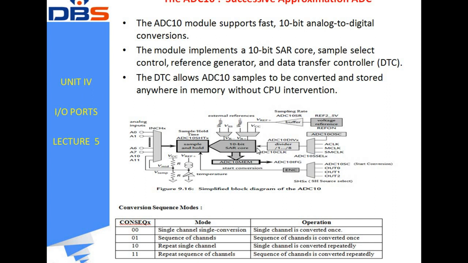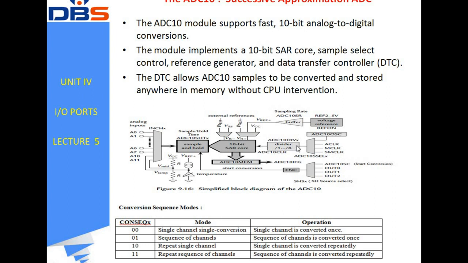See here, into how many parts we need to divide this data will be decided by this ADC10 divider. As I have previously told you, divided by 1 or divided by 2 or divided by 4 or divided by 8, and this will be in active mode by the clock signals, that is the ADC10 oscillator clock, ACLK, MCLK and SMCLK.